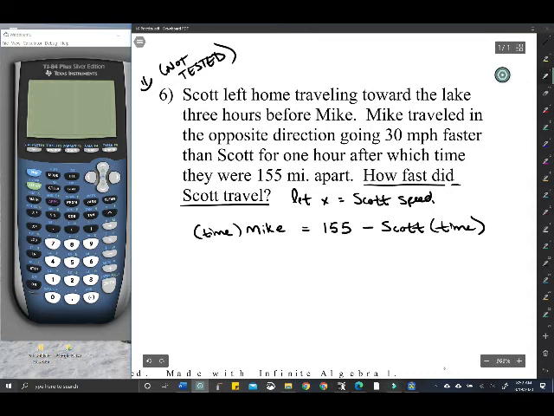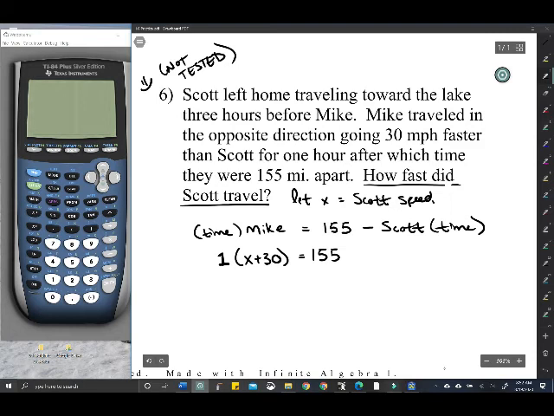Okay, so Mike's travels. We know that Mike's speed is 30 miles per hour faster than Scott's. So Mike's speed is Scott's speed plus 30. And how long is he traveling? Just traveling that for 1 hour. Okay, now that's equal to the distance apart they are.